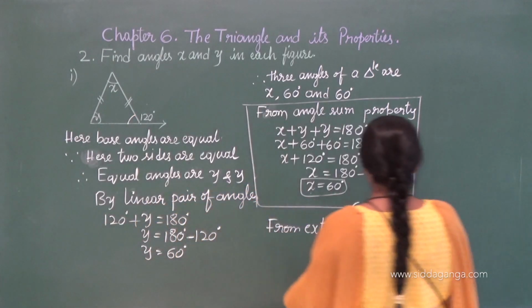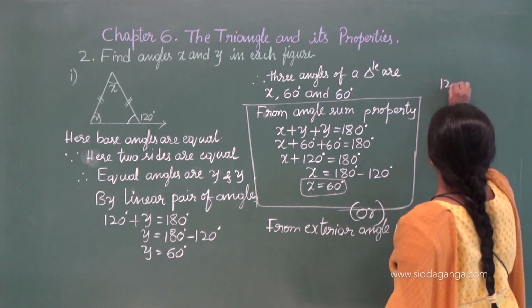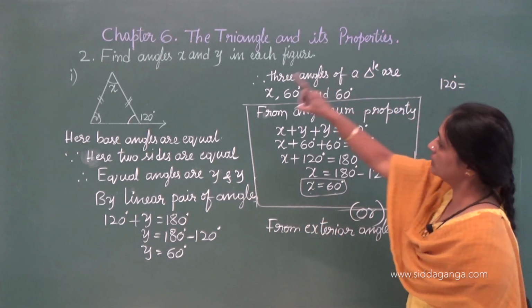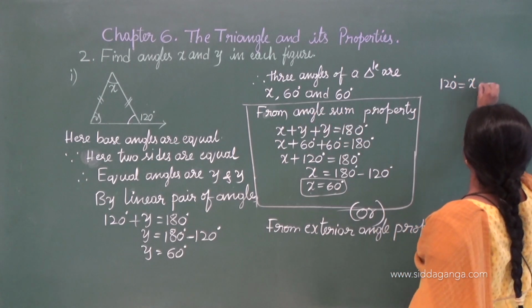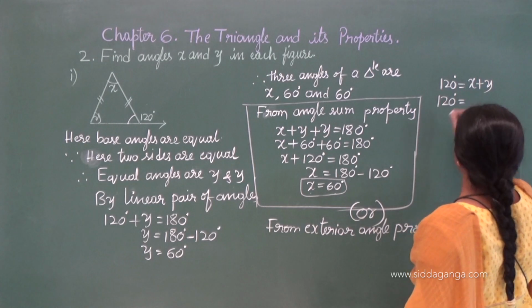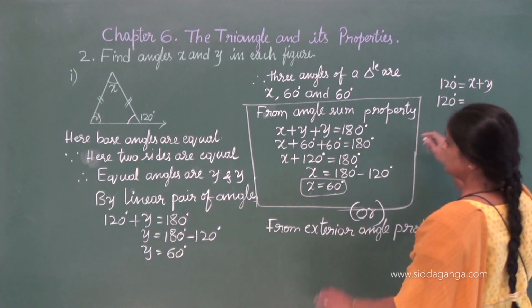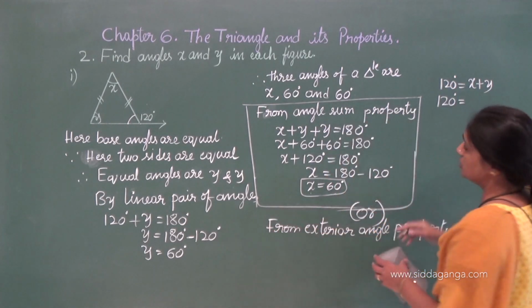Okay. From exterior angle property, I write here 120 degree is equal to x plus y. The value of y we already know from here.